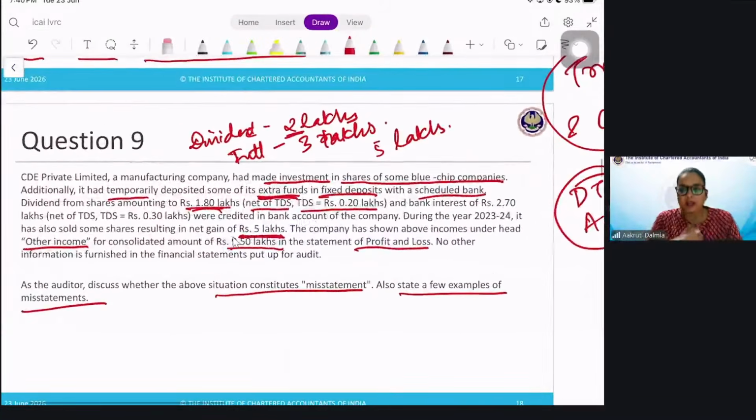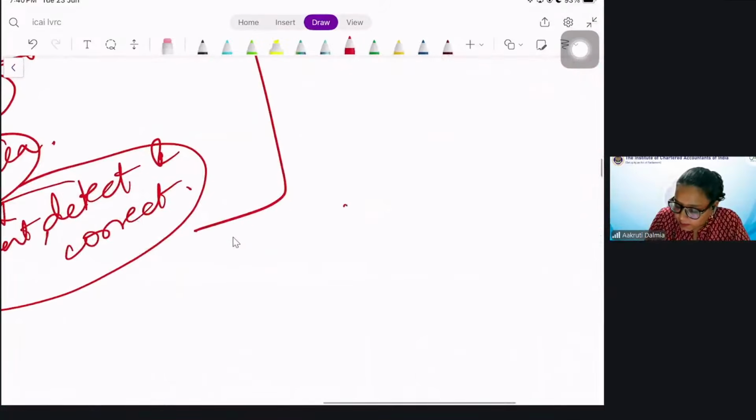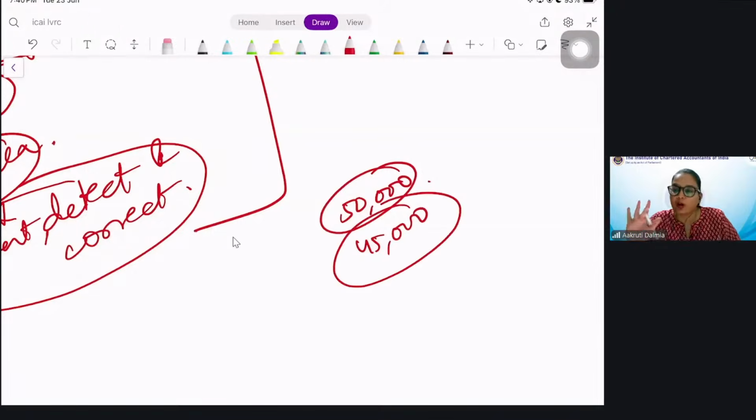When we're showing in our P&L and balance sheet, if I'm getting rent from someone, say my rent is 50,000 per month, they are deducting TDS of 5,000 and paying me 45,000. Is my income 50,000 or 45,000 for ITR?